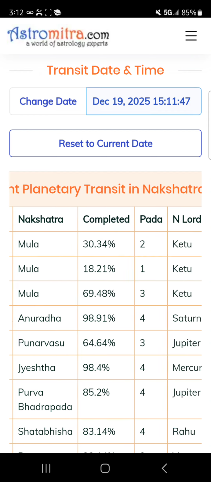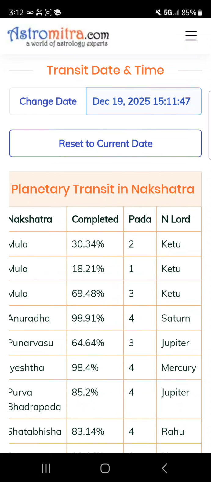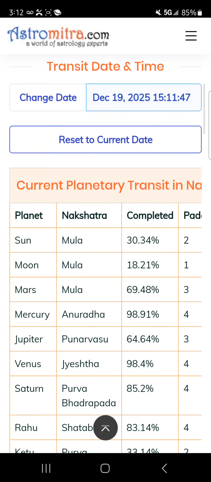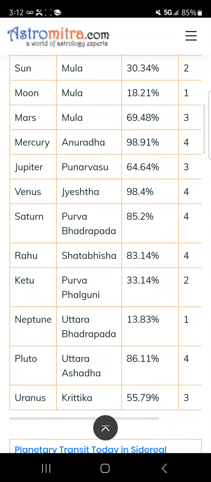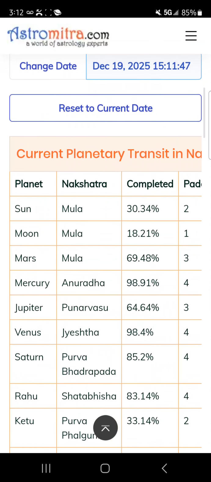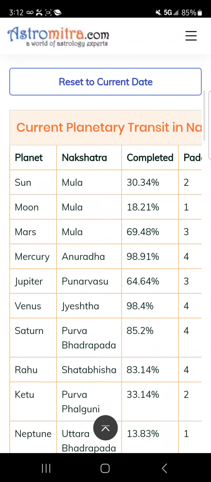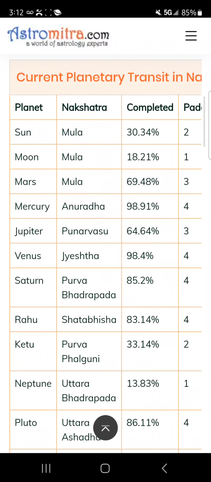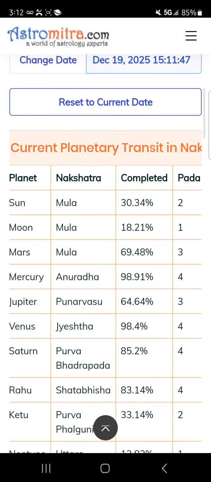And this chart is really cool because it tells you the completion rate into that nakshatra. It gives you the padas, and it also gives you the lord, Ketu, the ruling planet of the Mula Nakshatra. So here's a snapshot of where all the planets are. I definitely will be bookmarking this website and using it for further enlightenment.